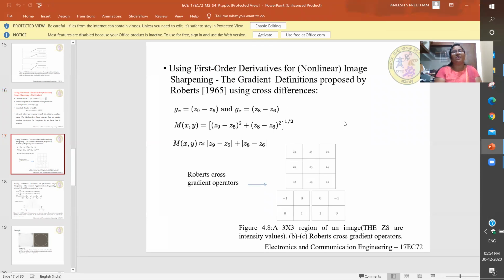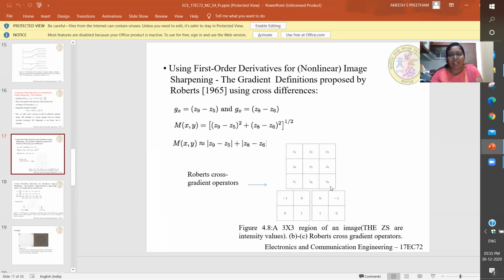So, using first order derivatives for image sharpening, the gradient definitions proposed by Roberts in the year 1965 use cross differences, where gx is equal to z9 minus z5 and gy is equal to z8 minus z6. Here is z9 and this is z5.